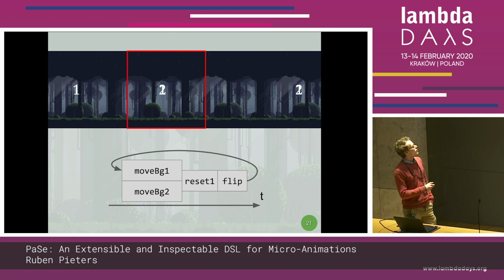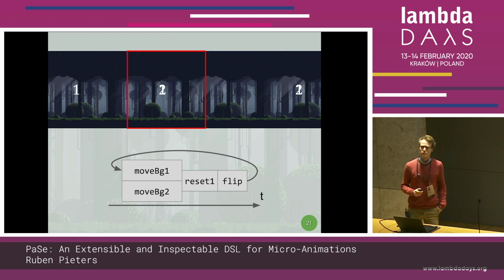We see a square, which kind of represents the viewport of the application, and then we see the actual texture of the background is larger than this viewport. We will also have 2 instances of this background next to one another. In this scrolling background animation, we move everything to the left at the same time.